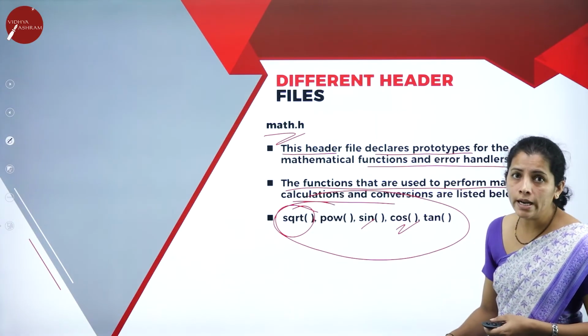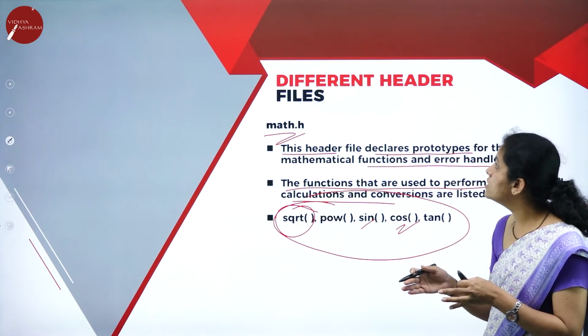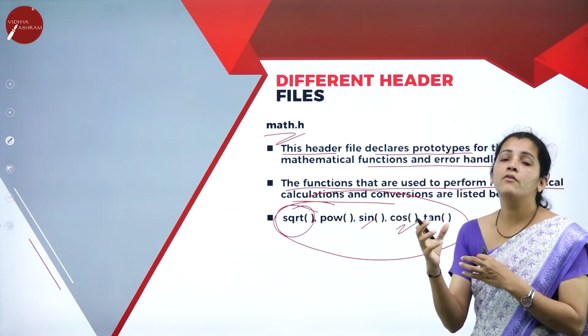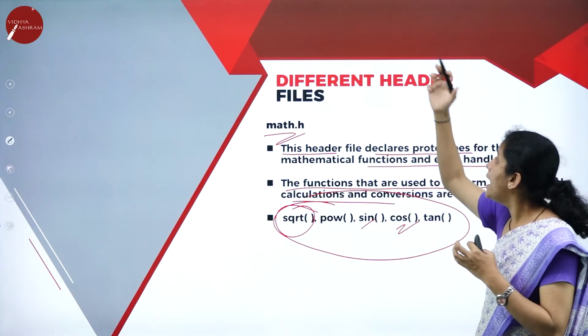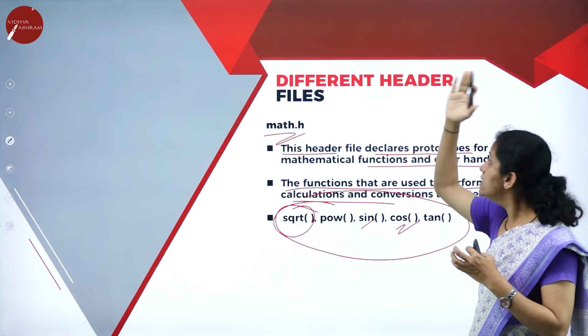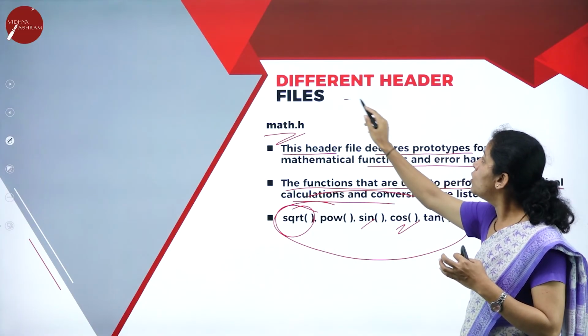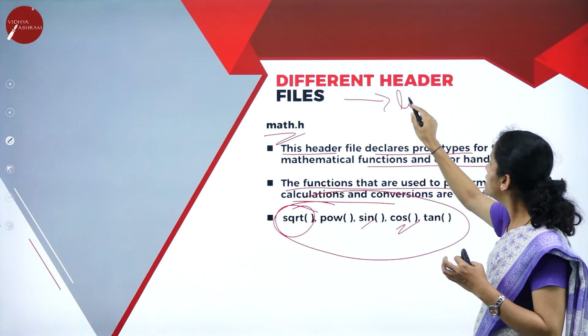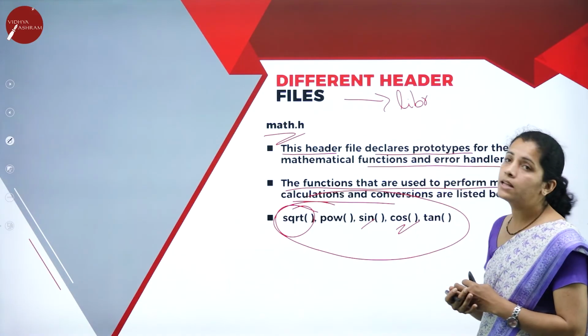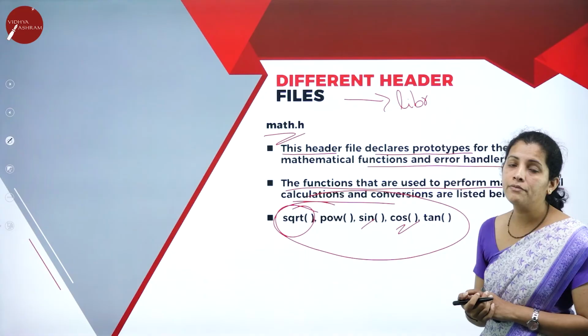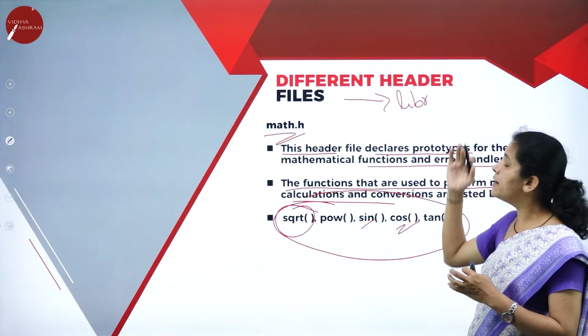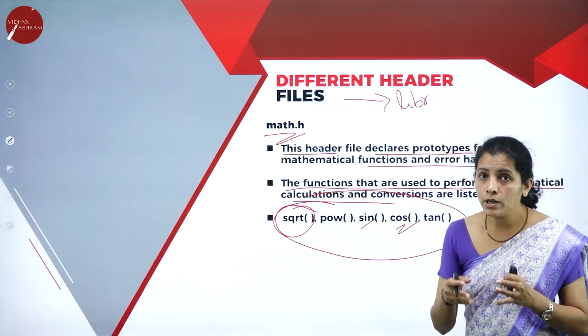So dear student, in today's session, we studied some of the different header files. These header files are also called library functions. And what are the header files we discussed in today's session?